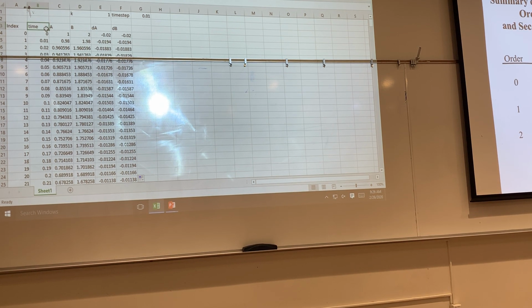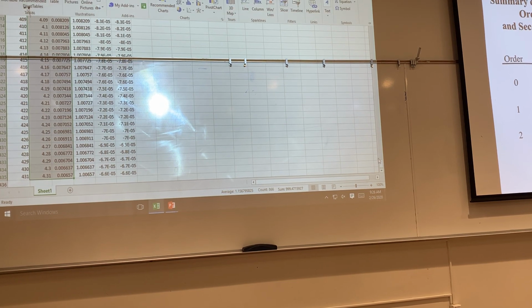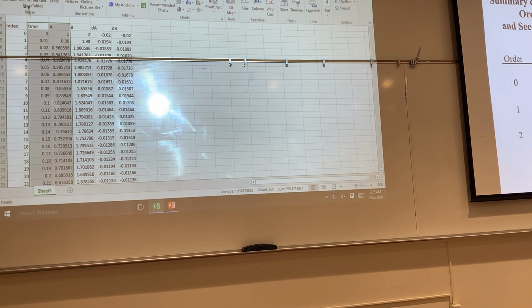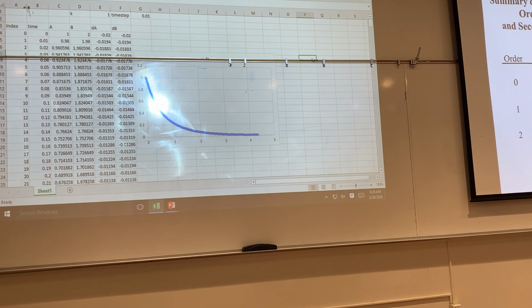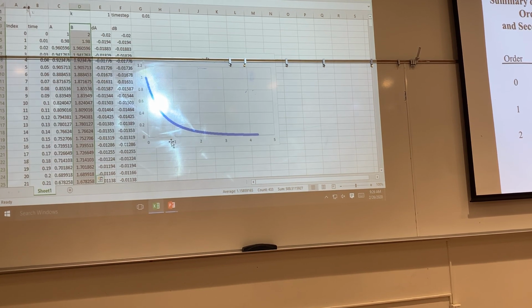So I could plug this over here and get my concentration A, and then I can maybe insert this into the graph. Will work or will not work.